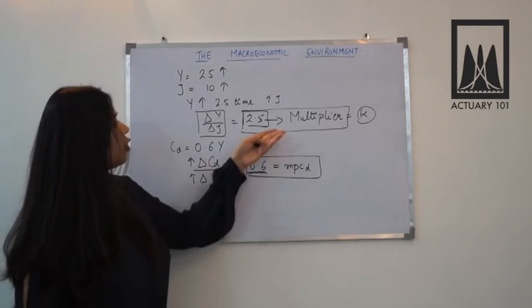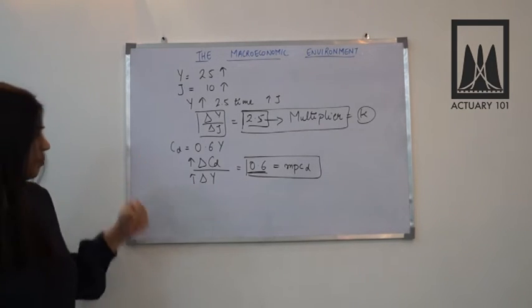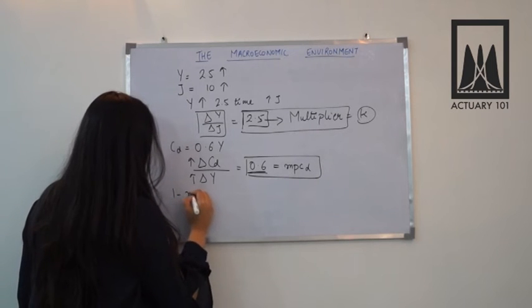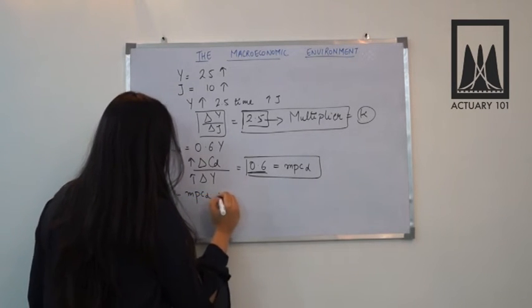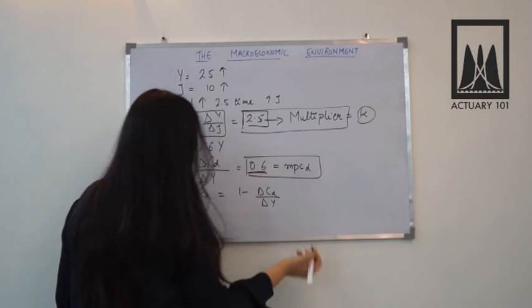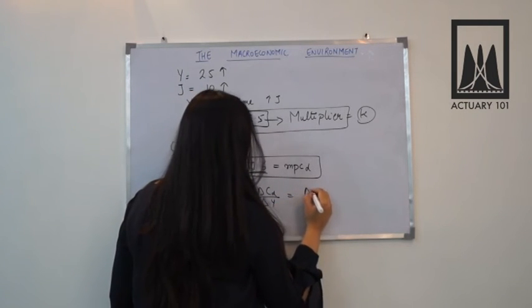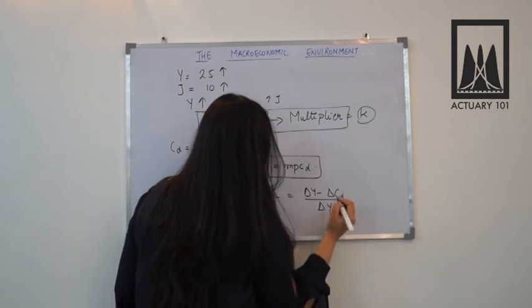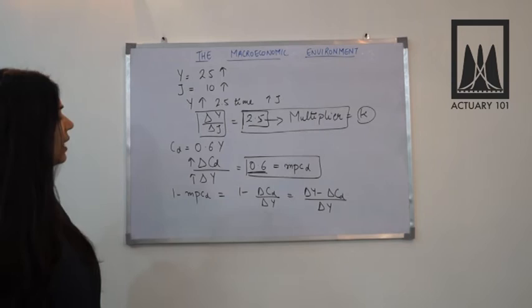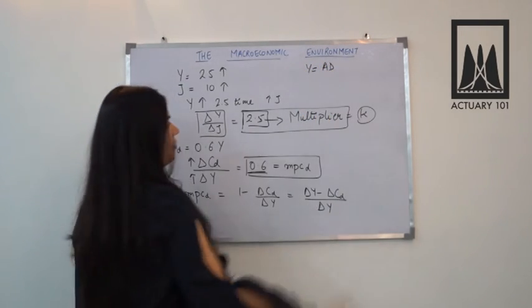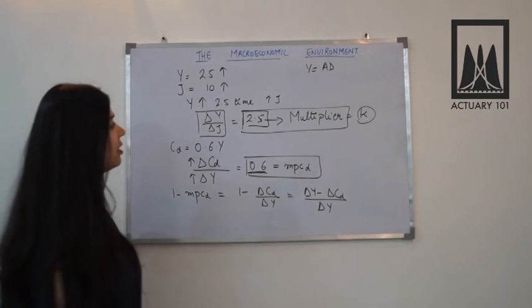Now, can we draw a relationship between the two? Yes, how? Let me see what is 1 minus MPCD, which will be 1 minus change in CD divided by change in Y, which is change in Y minus change in CD divided by change in Y. Now we know that Y is equal to AD when we have the equilibrium in national income.